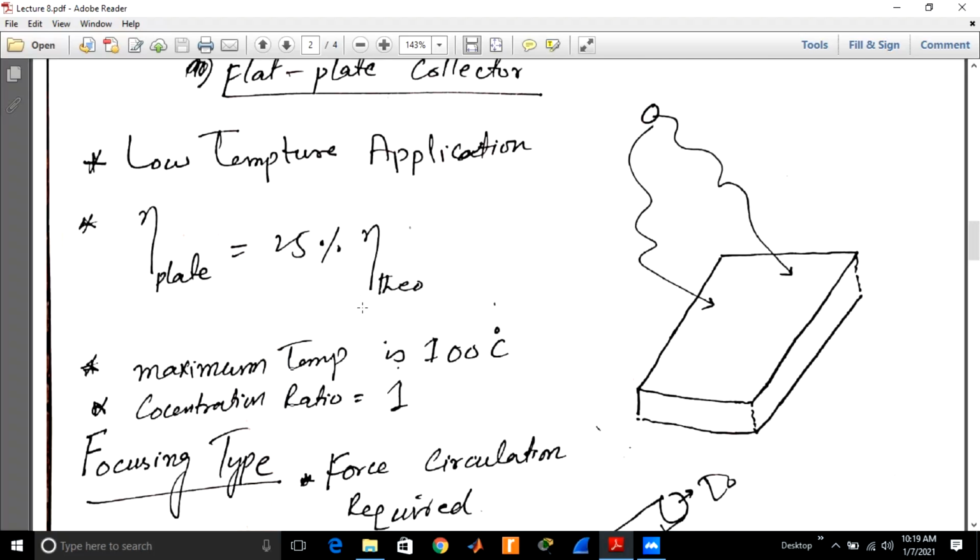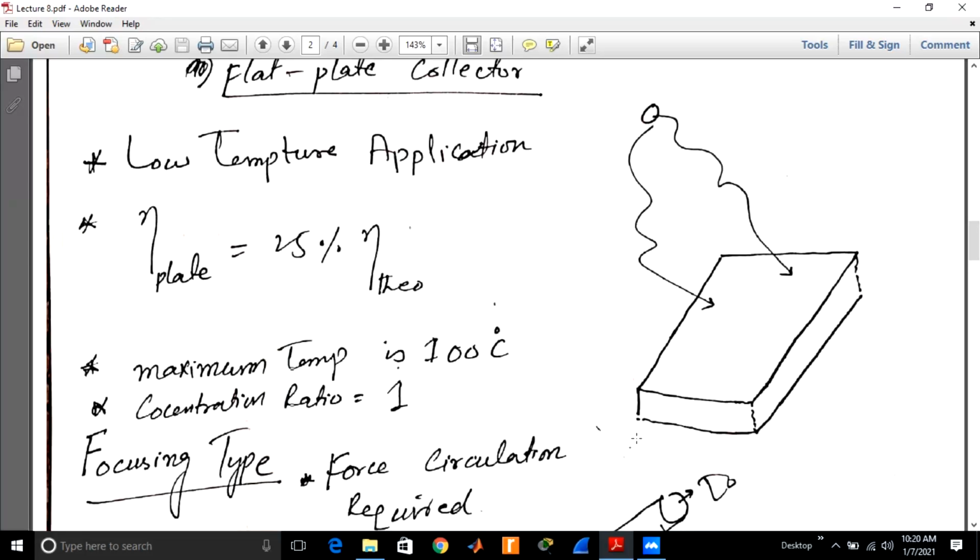The efficiency is very low, 25% theoretical efficiency. The maximum temperature is 100 degrees C. For example, if you want to heat the fluid up to 100 degrees C, you can use this, and the concentration ratio is 1.